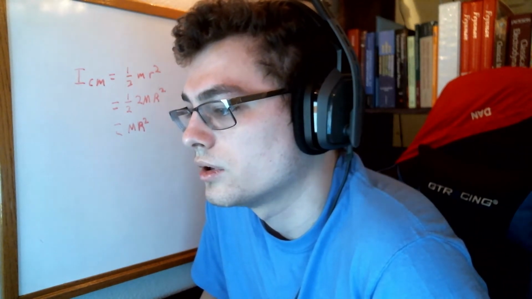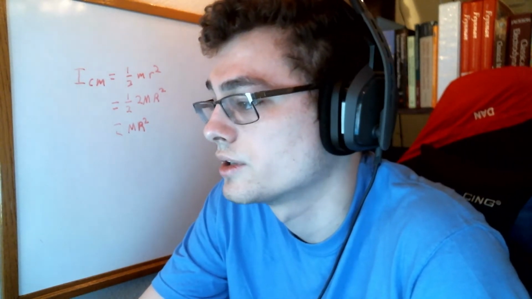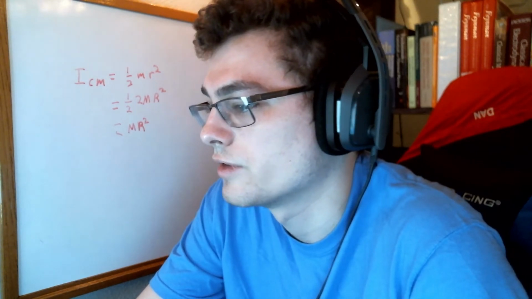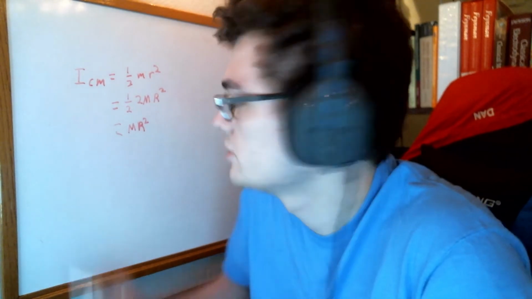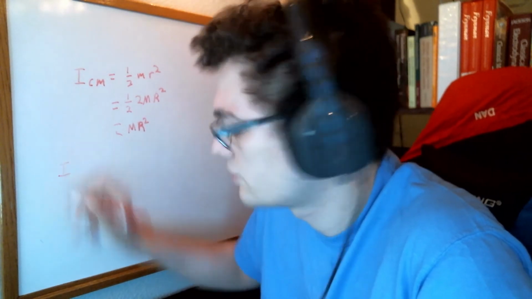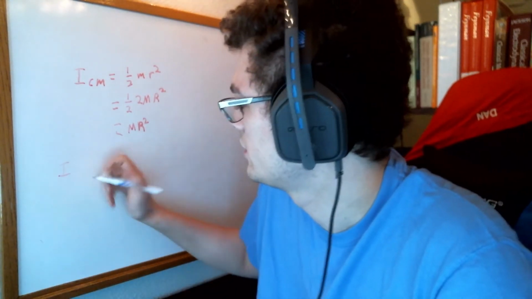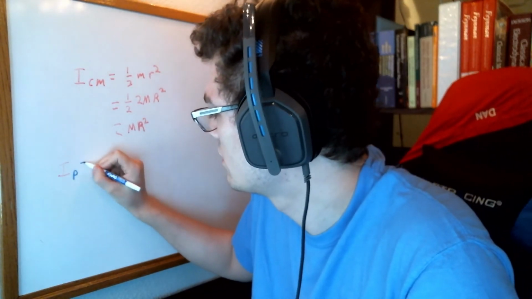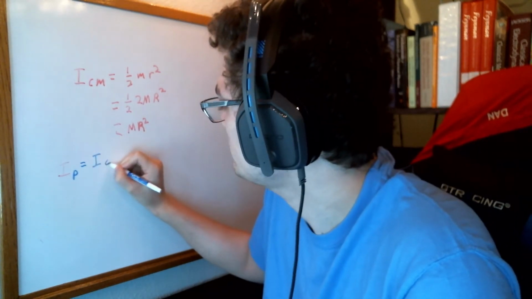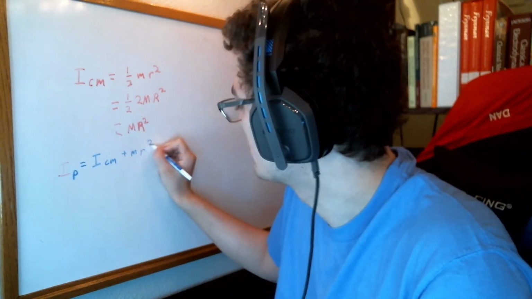Calculate the moment of inertia IP of the disk without the point mass with respect to point P in terms of big M and big R. So now we have to use the parallel axis theorem, and we have to use the fact that IP is going to be equal to ICM plus m r squared.